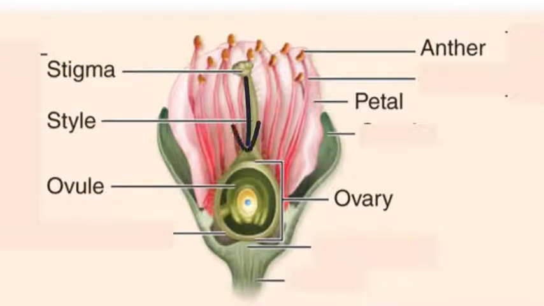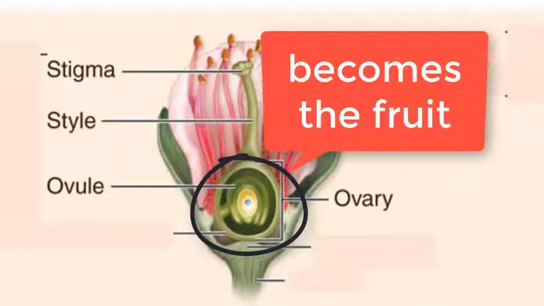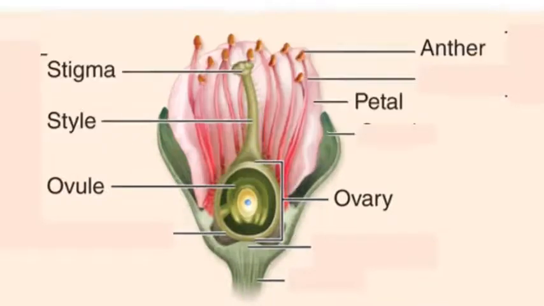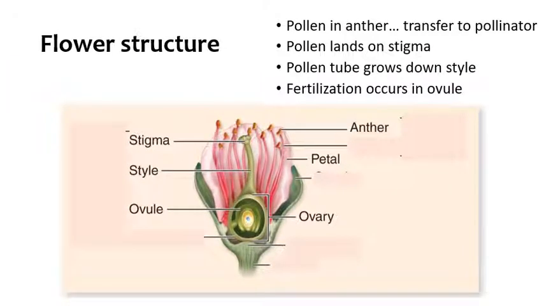The sperm inside the pollen begin to travel down this tube called the style, down to the ovary and into an ovule. The ovule, when fertilized, will become a seed. The ovary will become the fruit.